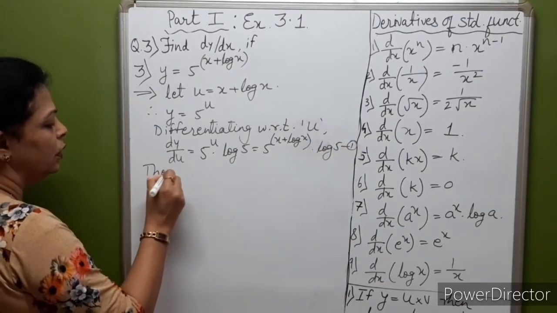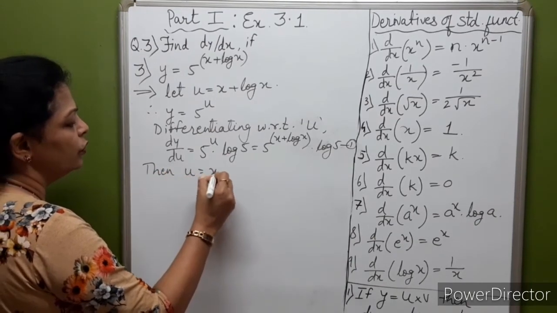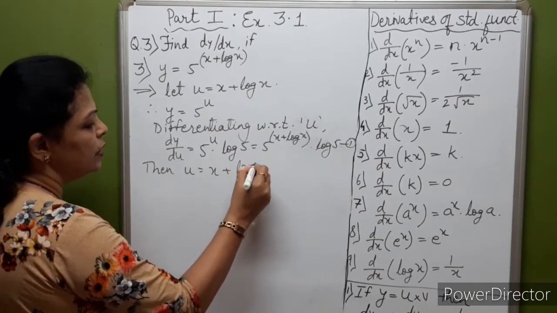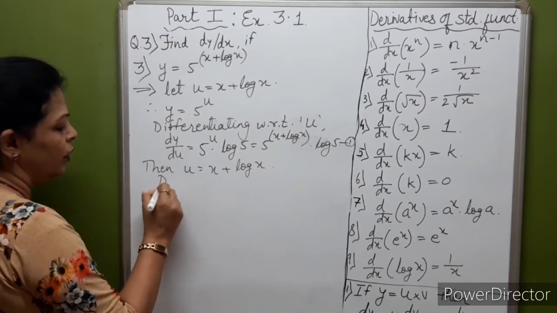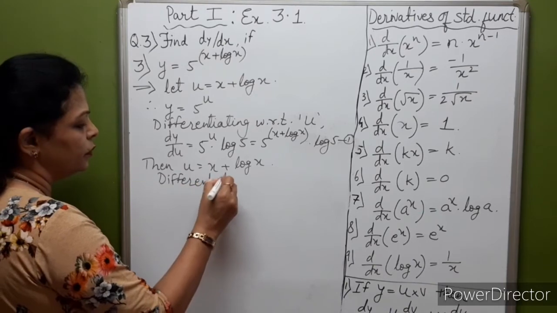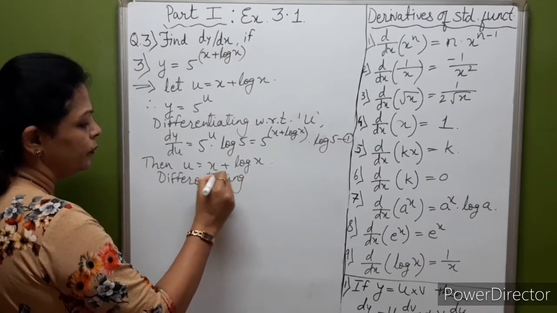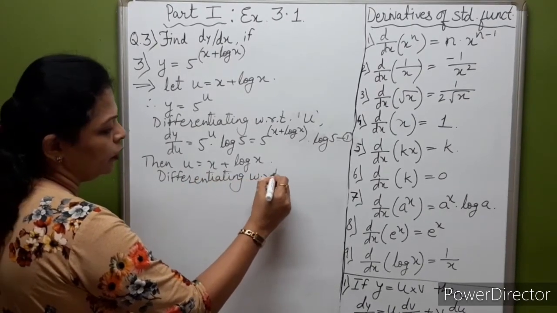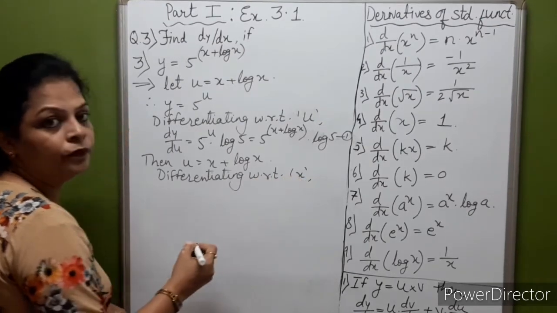Then differentiate u. What is u? u is x plus log x. So differentiating with respect to x, correct?